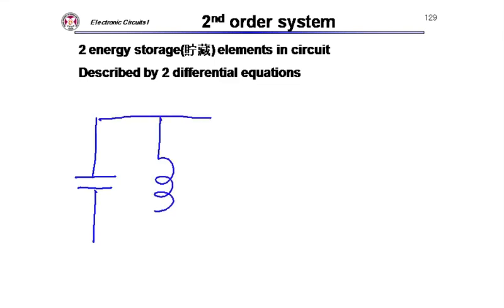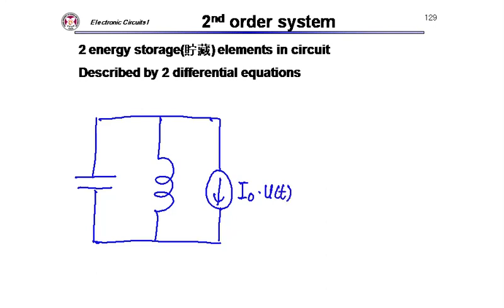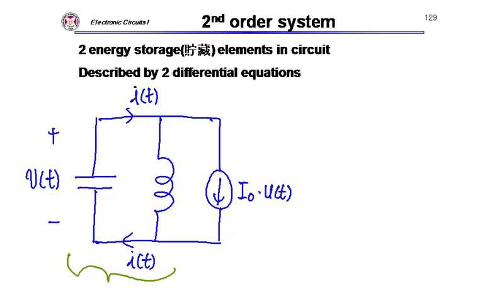I will divide L into a 0 initial condition L and this I0 times U(t) source there. So this is my current I, and this is my voltage V. Those two elements, C and L, have 0 initial condition.